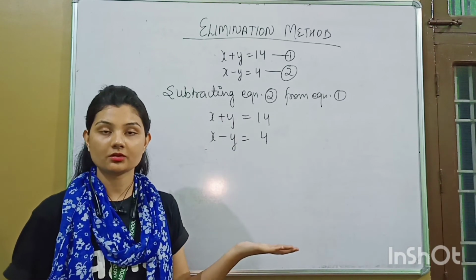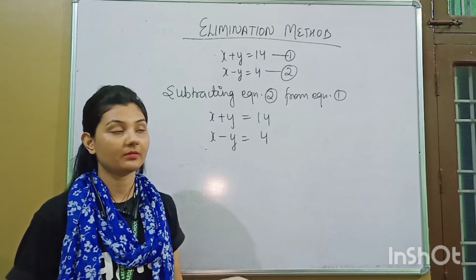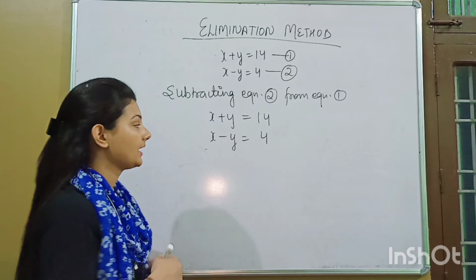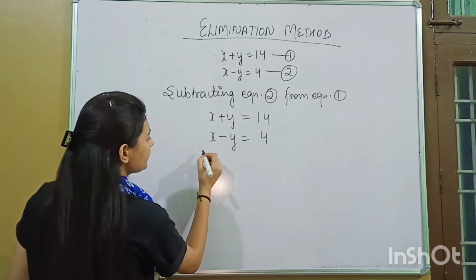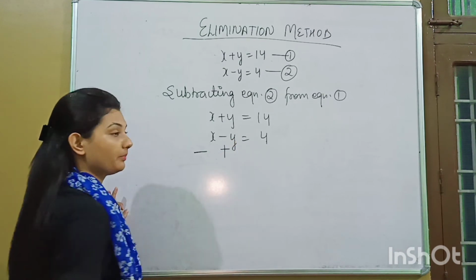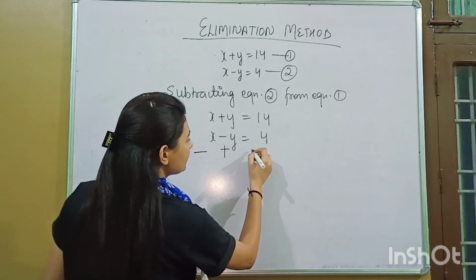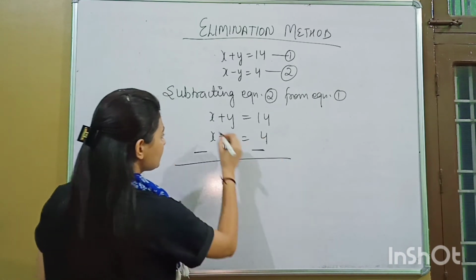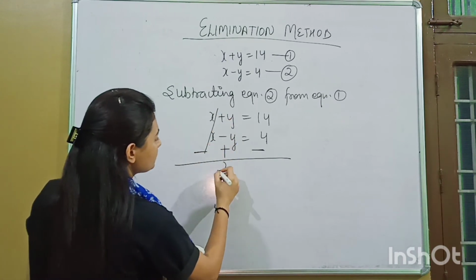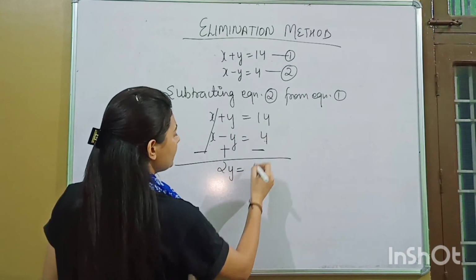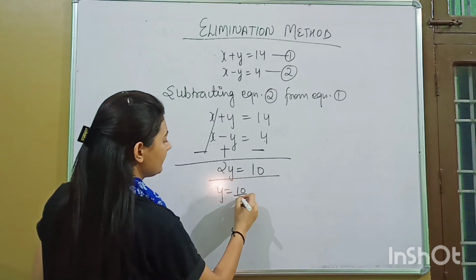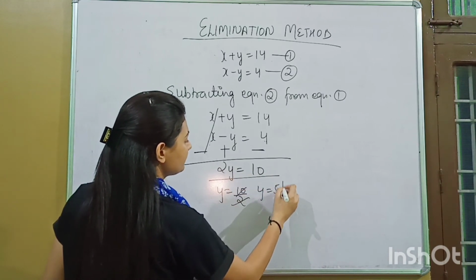When you are adding the equations, there is no need to change the sign, but when you are subtracting the equations, you have to change the sign of the lower equation. See here, as x is plus, it will be written as minus. This y is minus, so it will be plus. This 4 is plus, so it will be minus. So x minus x will be cancelled. y plus y is 2y equals 14 minus 4 is 10. Now we take 2 to the RHS, so it will be 10 by 2, that is y equals 5.